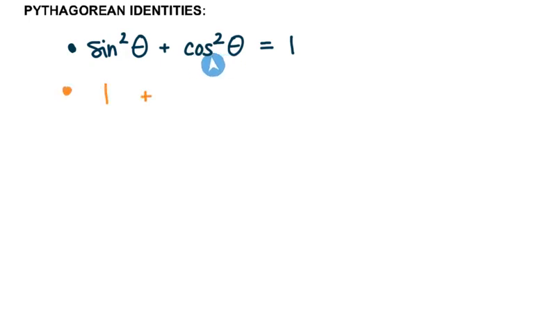What would cosine squared over sine squared give us? That would create cotangent squared theta. And similarly, if I take this 1 and divide it by sine squared, that will give me cosecant squared theta.